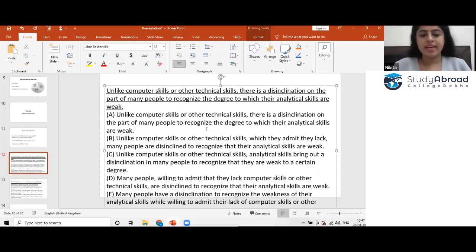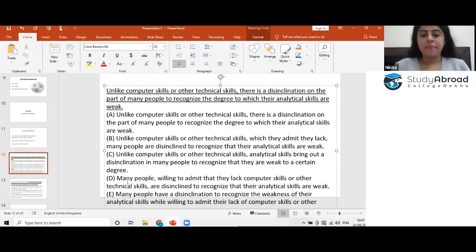Let's look at C. It says, unlike computer skills or other technical skills, analytical skills bring out a disinclination in many people to recognize that they are weak to a certain degree. Now, after the comma, they brought up this piece of information first. So when I said that you are supposed to scan the options, the options are going to guide you on what the areas are where differences are coming up.